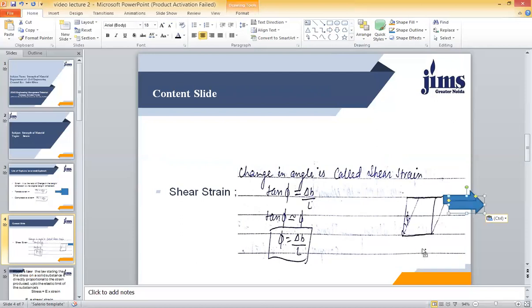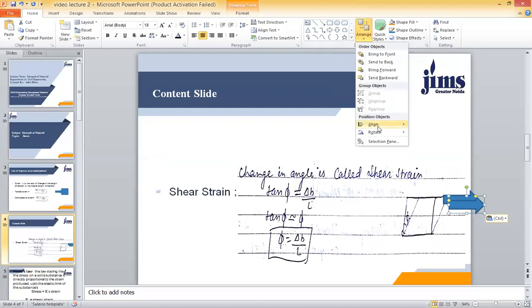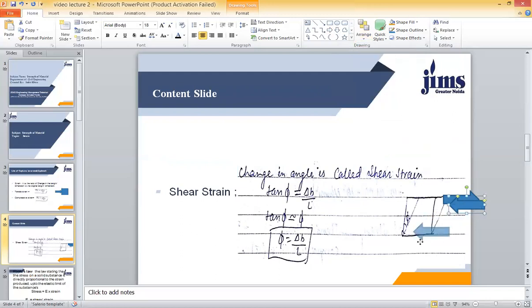If we apply any load on this surface, then what will happen? This length, this side will increase, this side will slide. Okay, so there is a change in angle due to this surface force or tangential force. There is a change in angle.